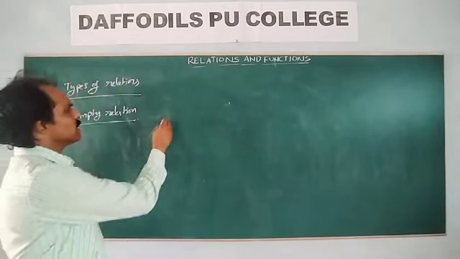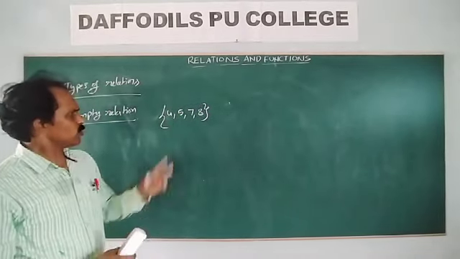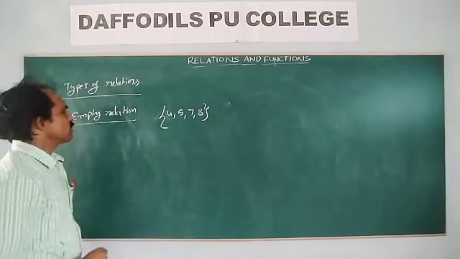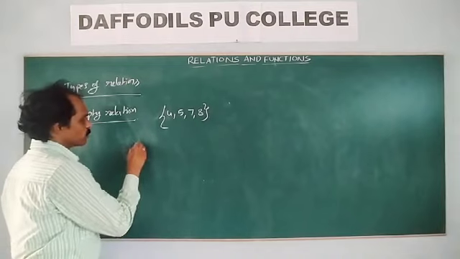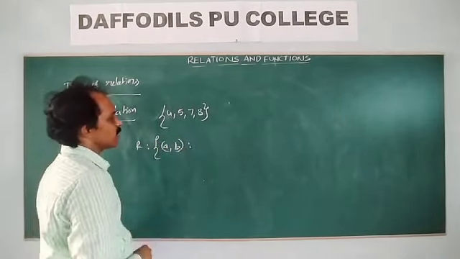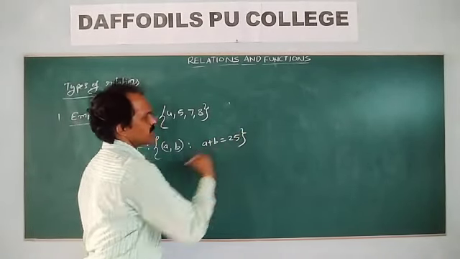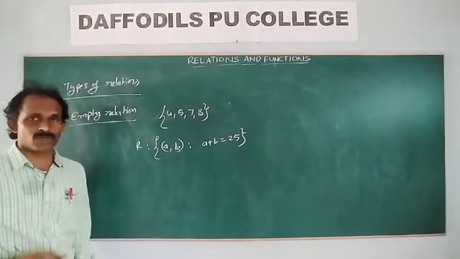That is the matter. Suppose A is equal to {4, 5, 7, 8}. Each to each. One relation, and what is the relation? Suppose relation R is equal to {(a, b) such that a plus b is equal to 25}. I want this type of relation, where the summation is equal to 25.